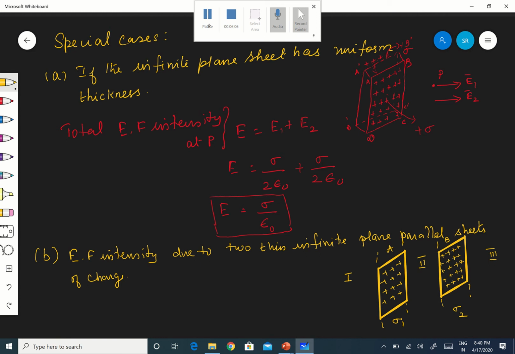Therefore at this point, what will be the electric field due to A? Let it be E1. E1 is in which direction? This is E1, correct? And E2 will also be in the same direction. This is E2. Are you following? E1 and E2 are both towards the left. We will see the magnitude later. First you fix the direction.